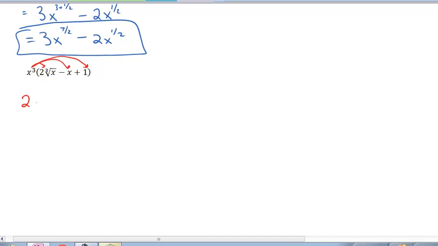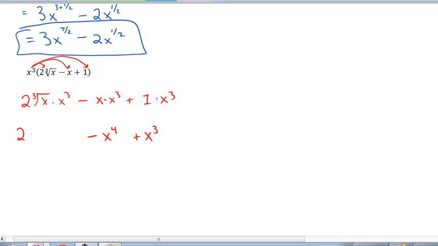So it's 2 times the cube root of x times x cubed, minus x times x cubed, plus 1 times x cubed. Let's do those last 2 terms first. This is just going to be an x cubed. We're going to have an x to the 4th here. And now I have to figure out, okay, what do I do with that 2 times cube root of x?